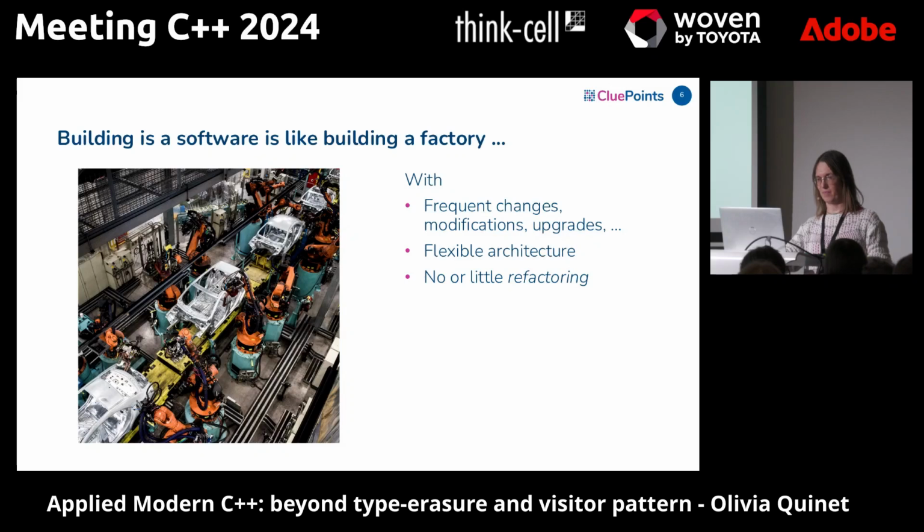So, in fact, we can say that building a software is like building a factory, but with important points. We have to deal with frequent changes, modifications, and upgrades. That's why we need the flexible architecture, and it is to avoid refactoring. Because if we have to do refactoring, it means that the architecture was not flexible enough.